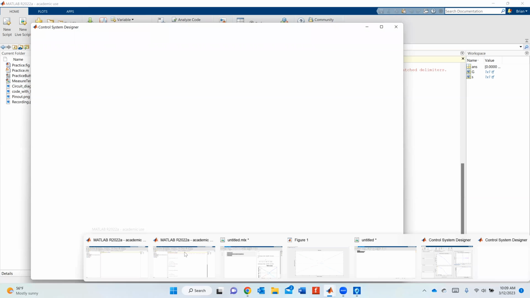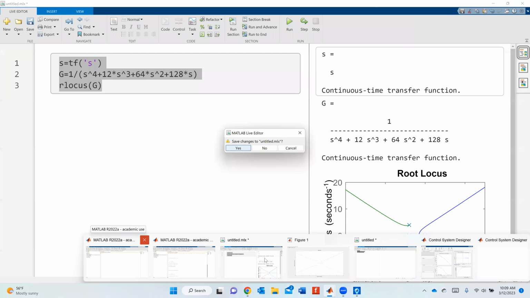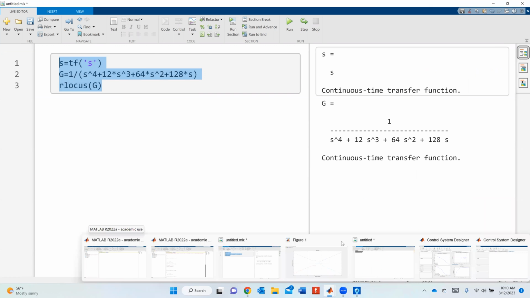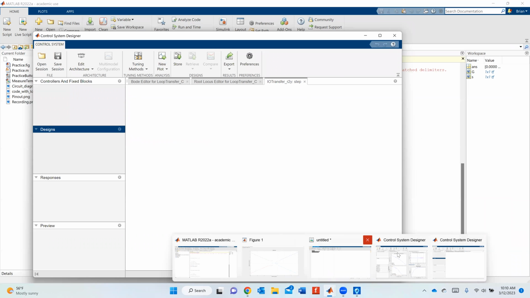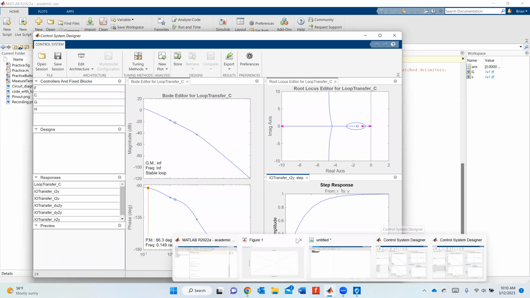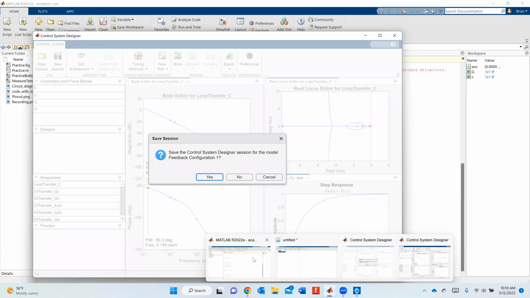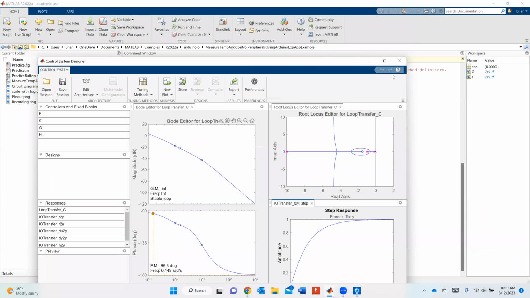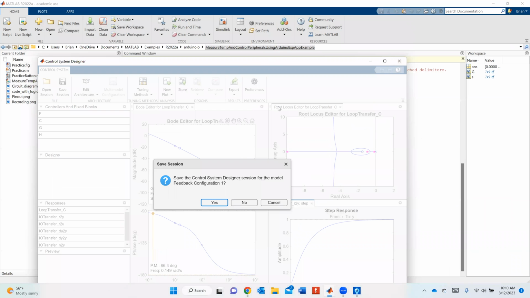Let's close some of these tabs real quick. So I'll close this one. Oh, shut this real quick.